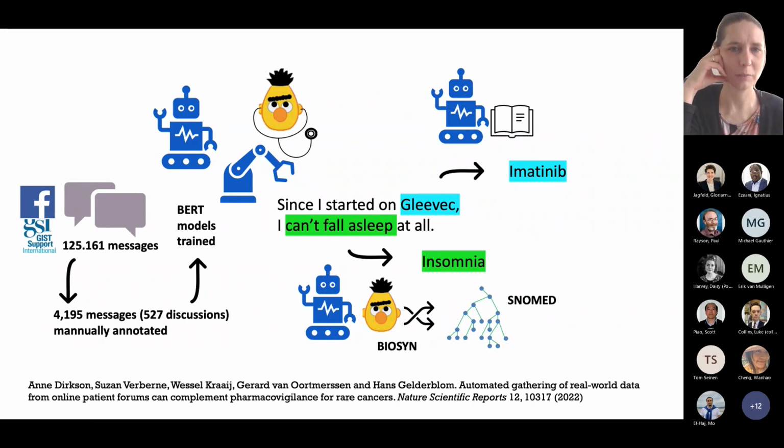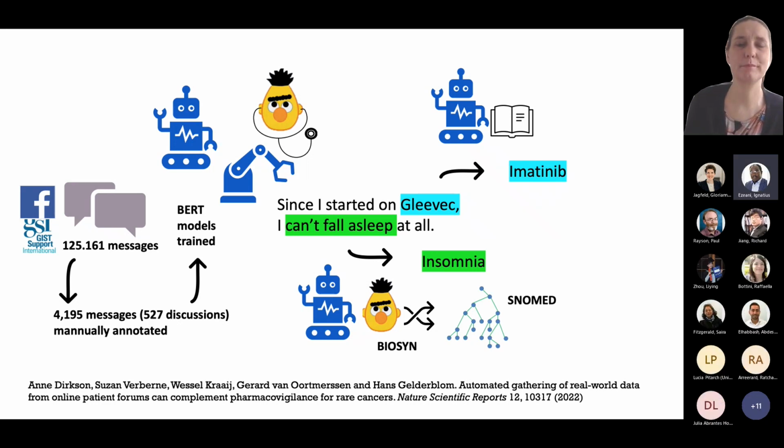Any questions about this pipeline? Well, there's no question in the chat. Can I just ask, out of the 125,000 messages, only 4,000 something has the entities we are looking for? No, that is what we annotated.